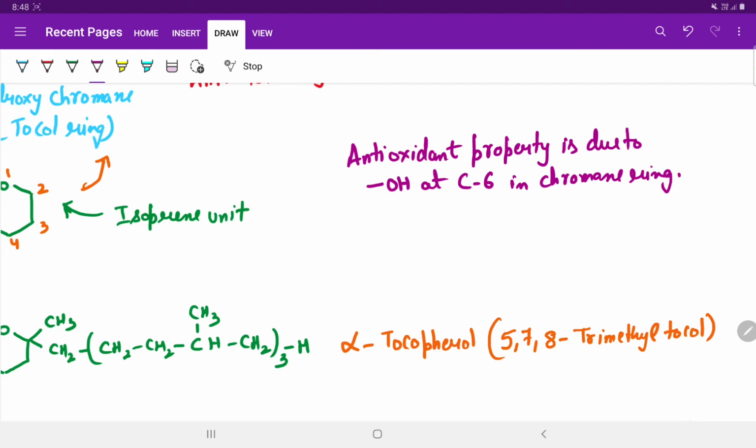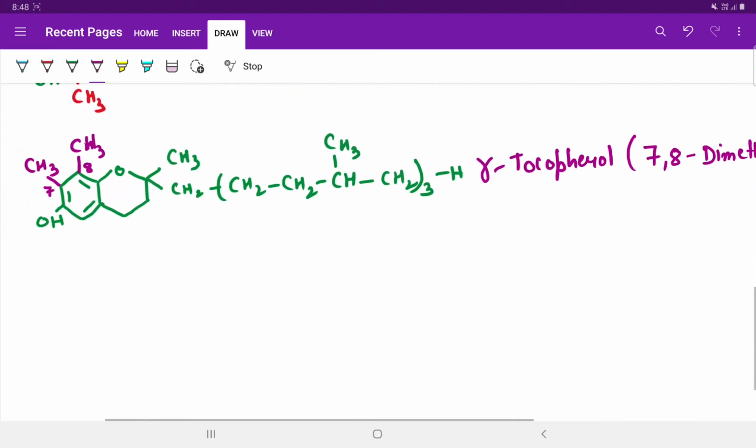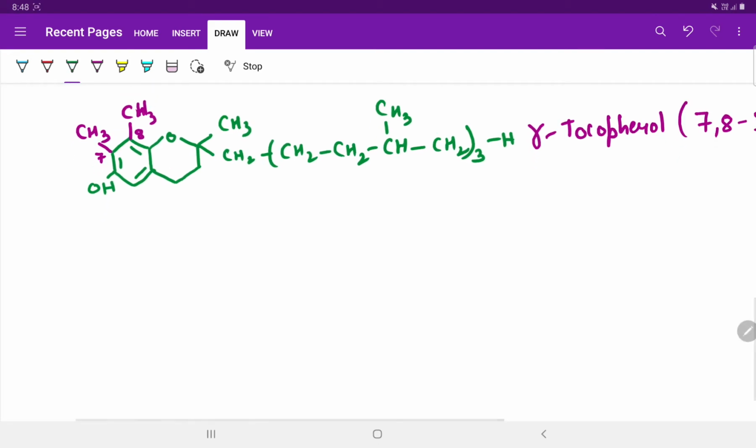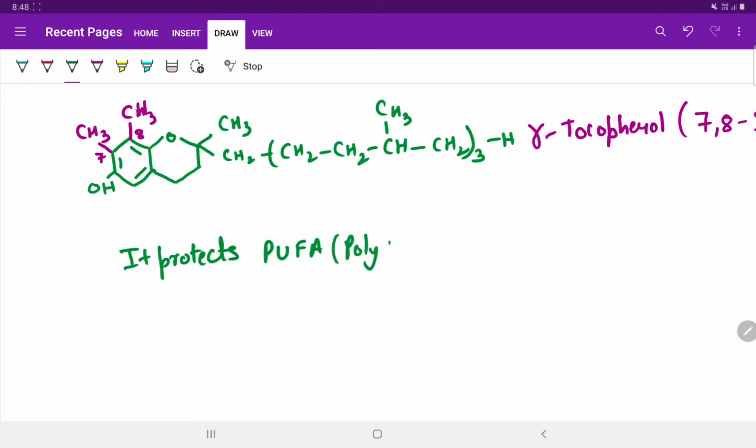So how does this help to protect the polyunsaturated fatty acids? Basically it protects the PUFAs. I shall be writing over here, it protects PUFA, that is polyunsaturated fatty acid, in our body from the peroxidation reactions.